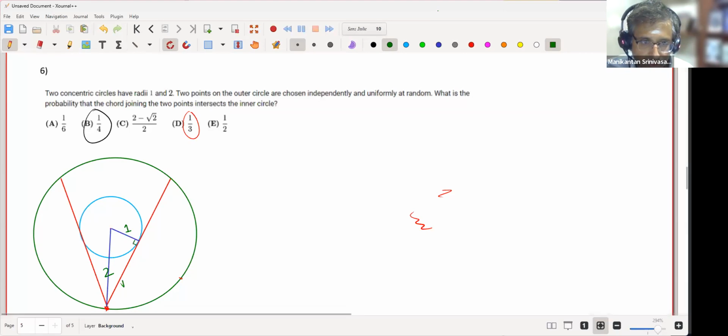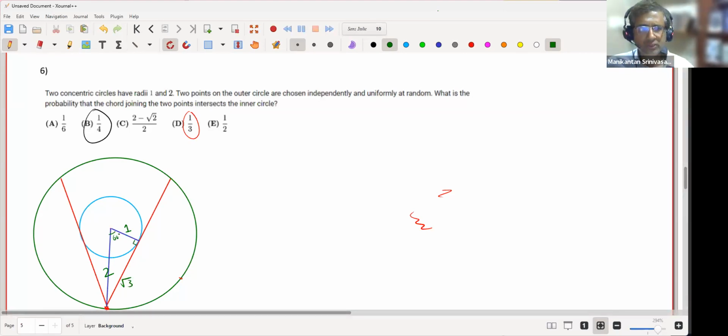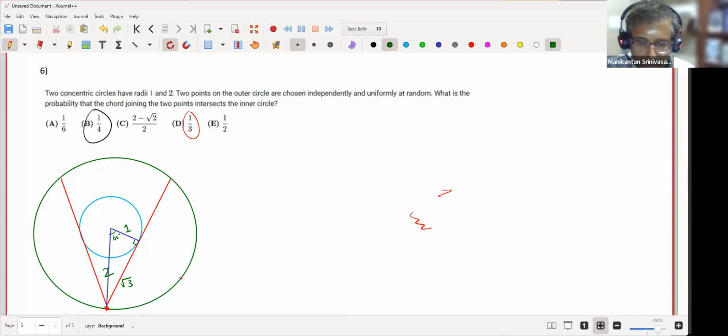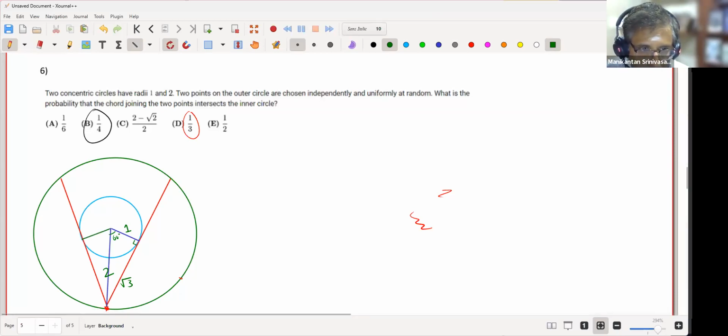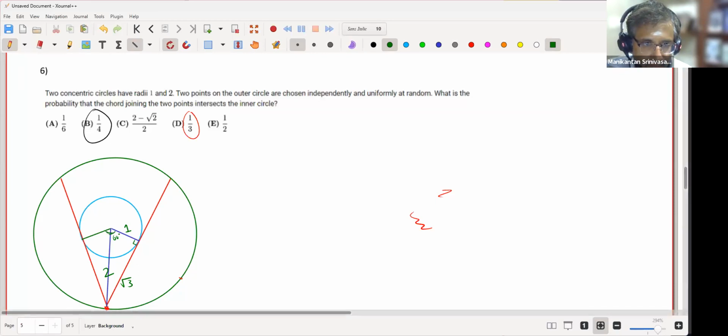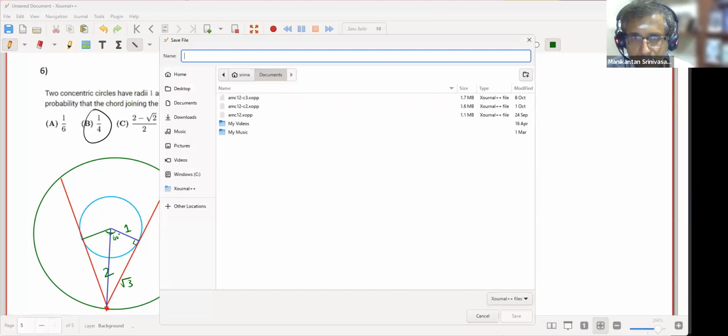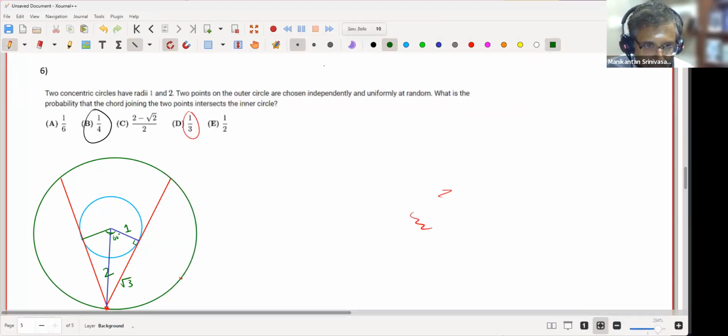Therefore, this is √3, and therefore this is 60 degree. Right. So this angle is 60 degree, which means this angle at the center will therefore be 120 degree. Right. Sorry. So 120 degree.